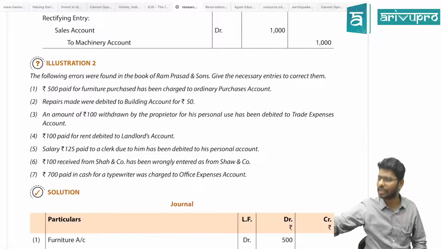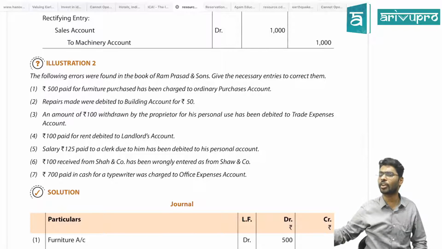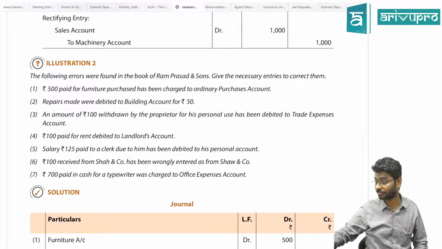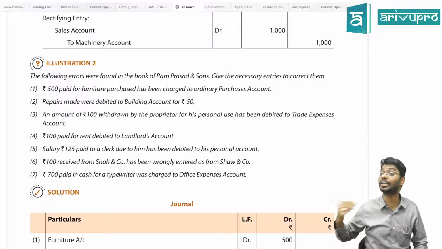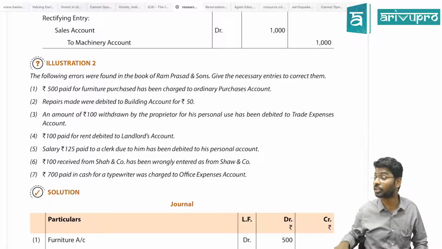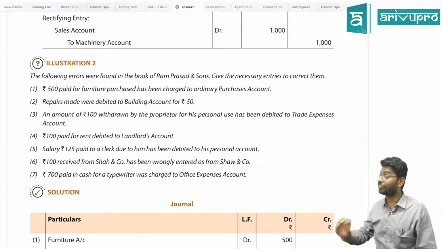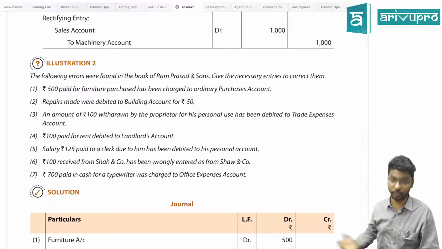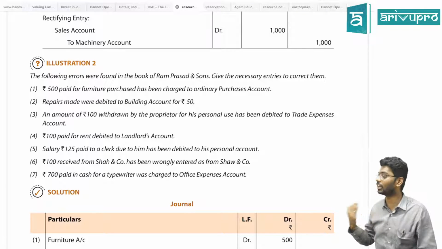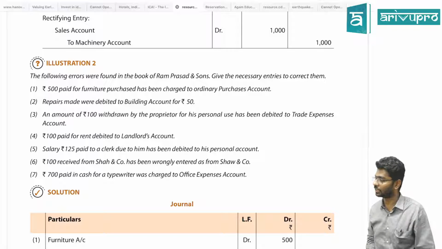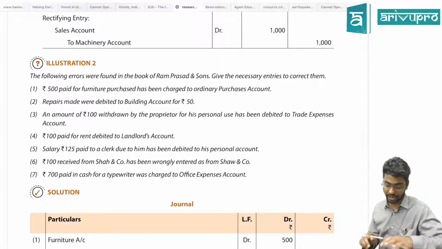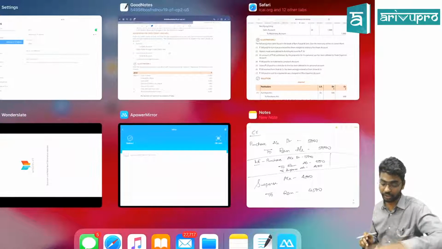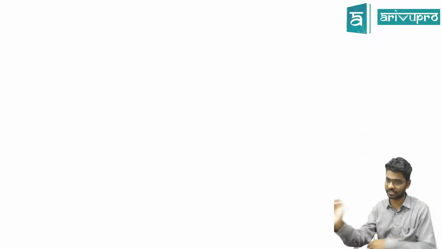But when I did the total, instead of 100, I wrote 80. That means my book is undercasting. If I write 120 instead of 100, we call it overcast. Are you clear?